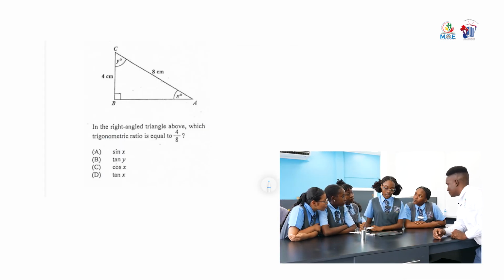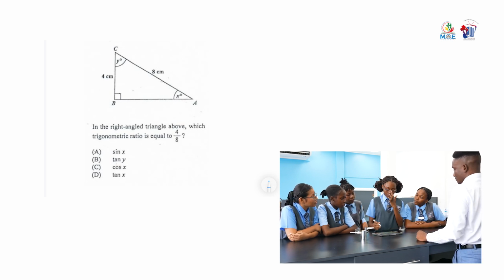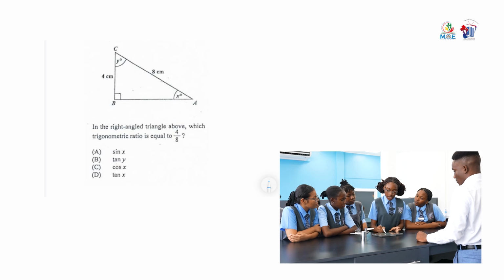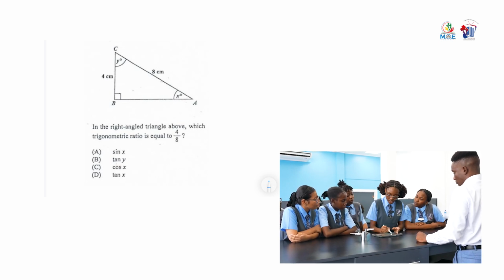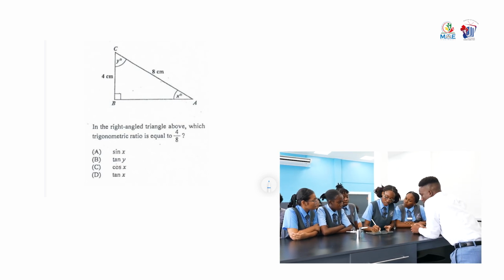Okay. So we're given the right angle and 2 sides. The angle we're supposed to find is x. The side right opposite x is the opposite side, and the side opposite the right angle is the hypotenuse.